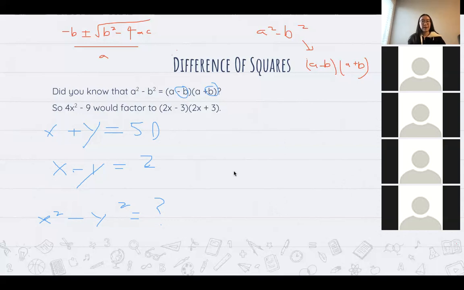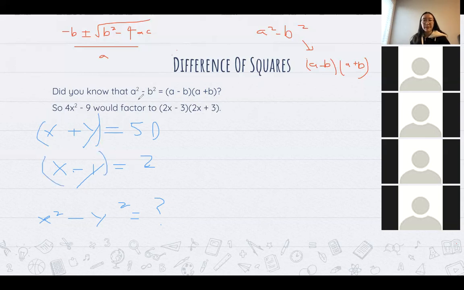I think you're on the right track. So let's take a look at this original one. Okay, x has to be 26 and y has to be 24. You're right. But also, we don't even need to know that to solve this problem, because we have x plus y right here, and we have x minus y right here.